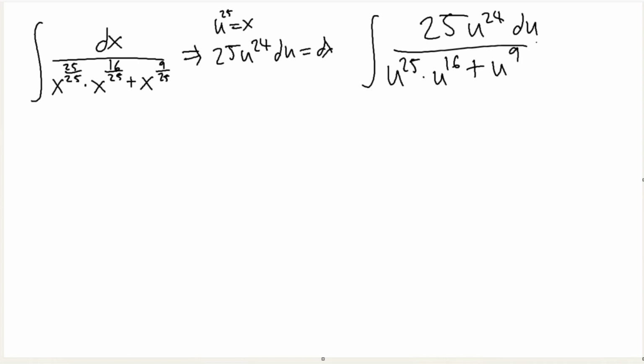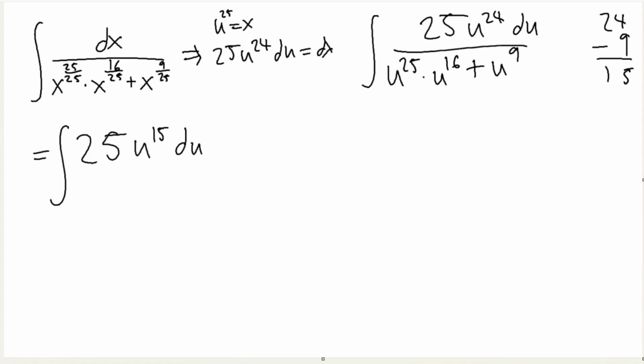Okay. Unfortunately, we can only take out u^9. So let's go ahead. What's 24 minus 9? That's 15. Is it 15? I guess it's 15. Okay. 25u^15 du.